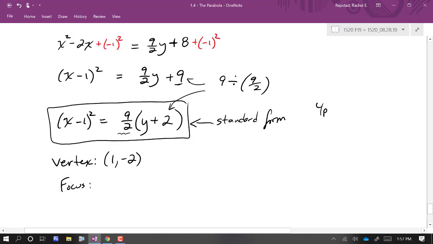So 4p is 9/2, and if I multiply by a quarter, we get p as a positive 9/8. That's the directed distance from the vertex to the focus. So the focus will be 9/8 units straight up from the vertex, because it opens upward.